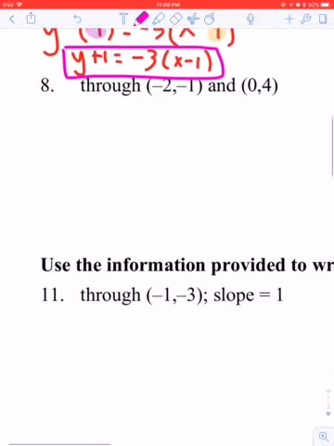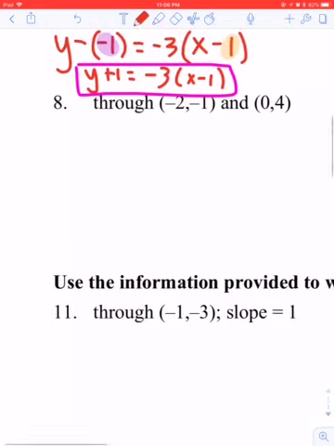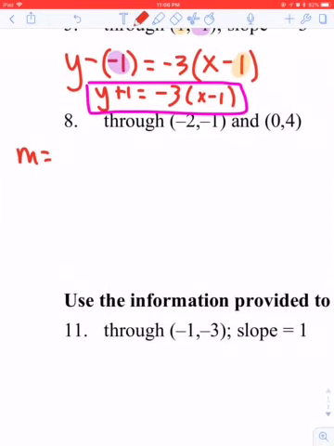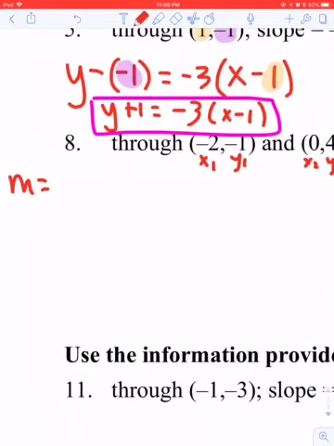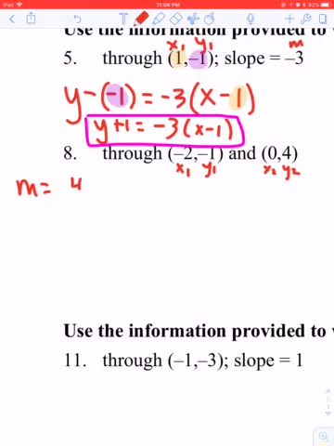Let's do another one. Number 8. So this one, just one extra step. You don't know what your m is, so you got to find your m. So m is equal to, I'm just going to label these really quick, x1, y1, x2, y2. So m is equal to 4 minus a -2 over 0 minus a -1.